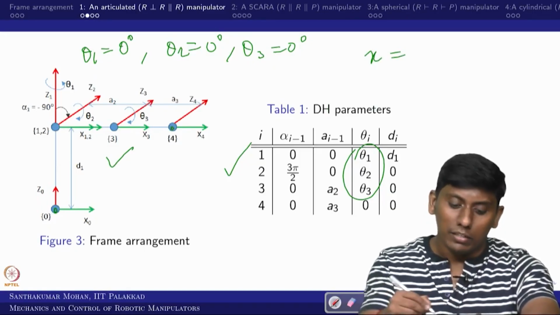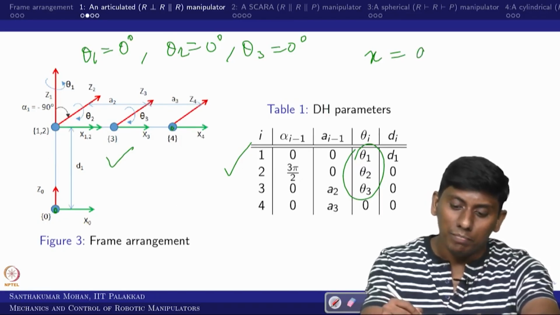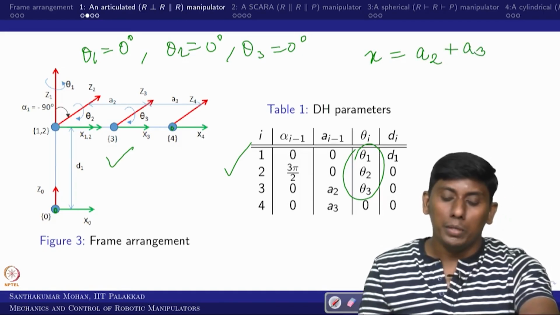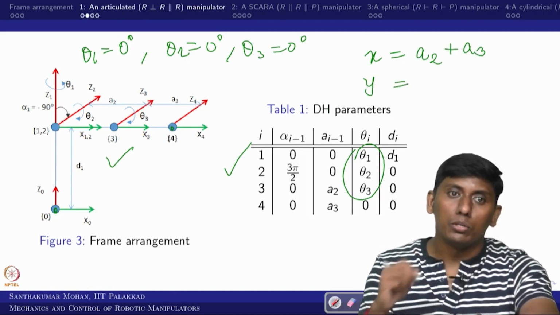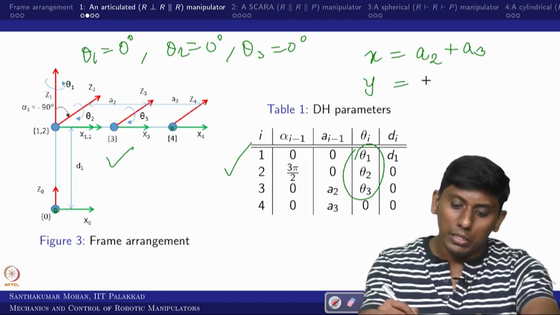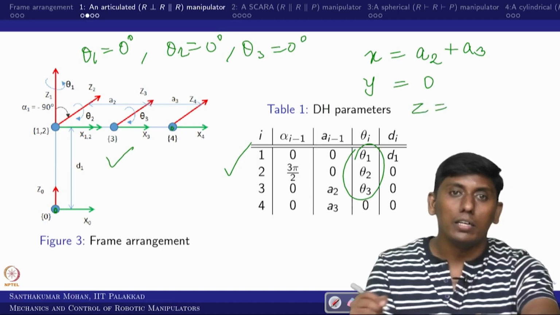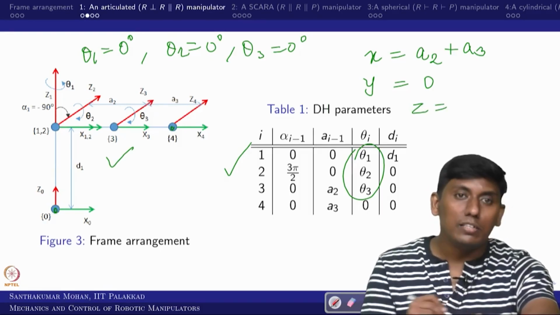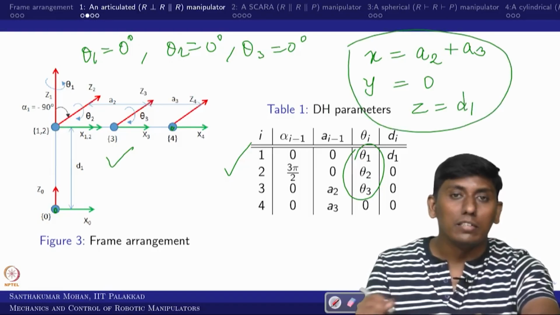You can see x4 is parallel to this, in the sense A2 plus A3, right? What would be the y position of 4 with respect to the 0 frame? That would be 0, right? There is no displacement. What would be the z equivalent? You can see that this point and this point are along z0. What is the distance? That is d1, right? So whether we are getting this or not.